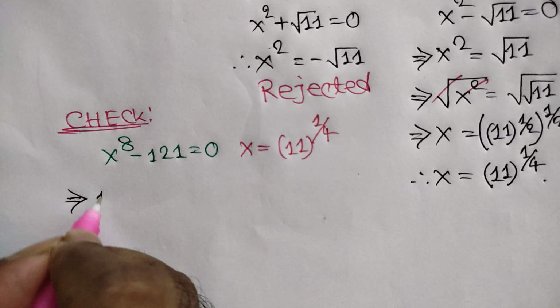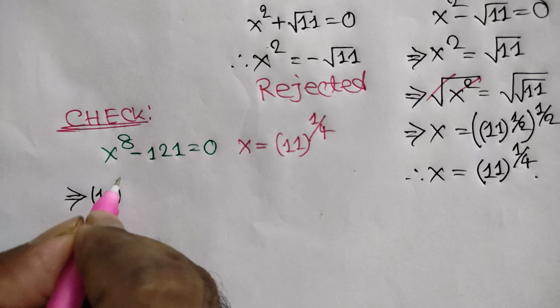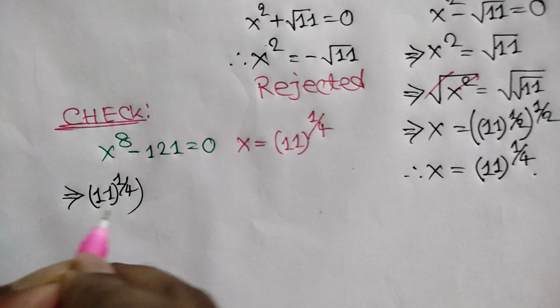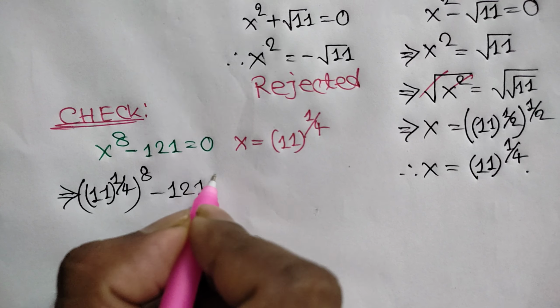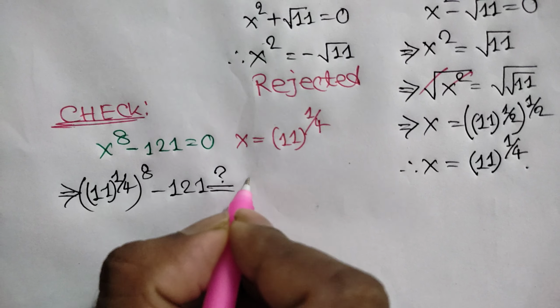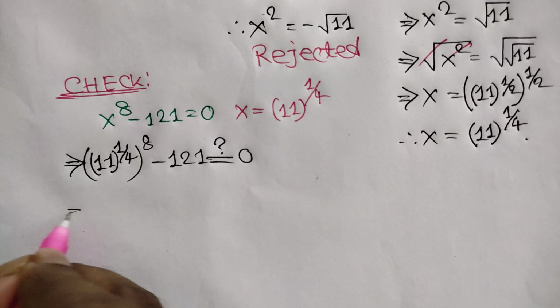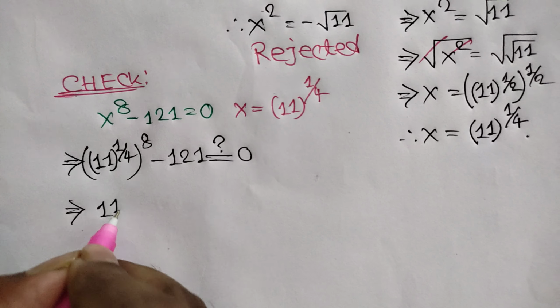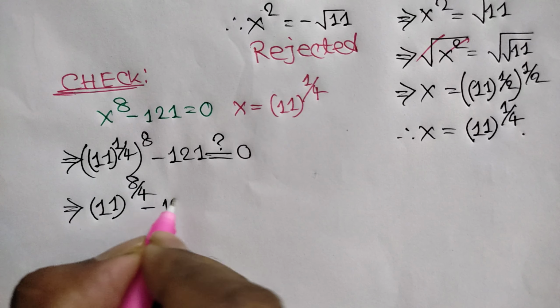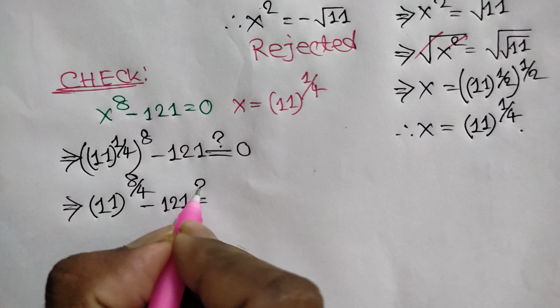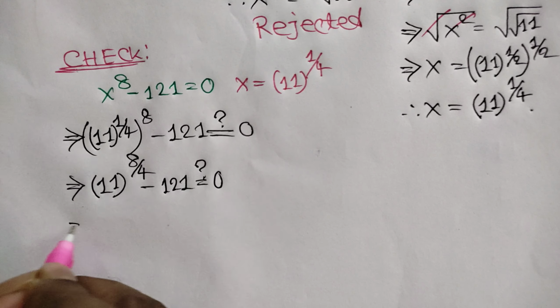Now we can write here 11 to the power 1 over 4 whole to the power 8 minus 121 is equal to 0. Now we can write here 11 to the power 8 over 4 minus 121 is equal to 0.